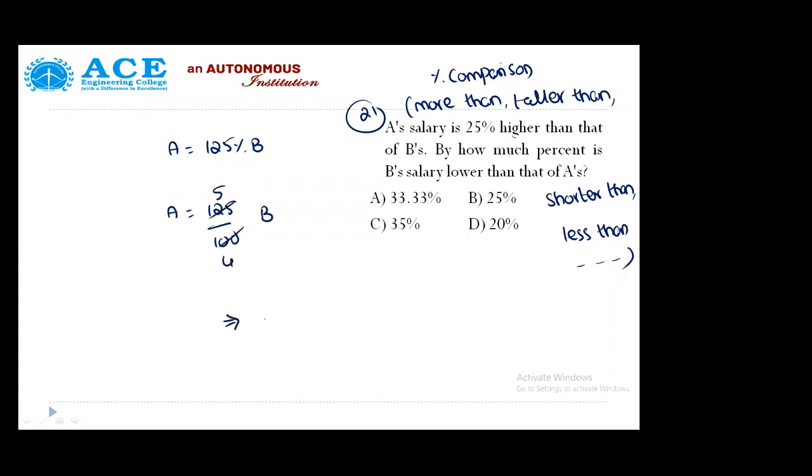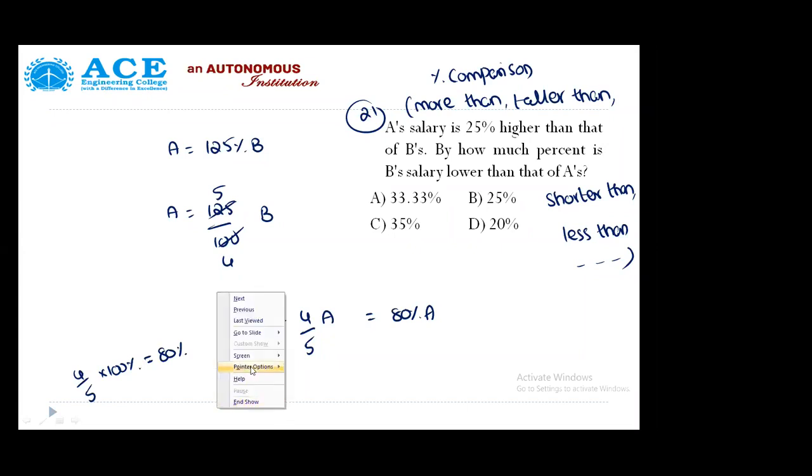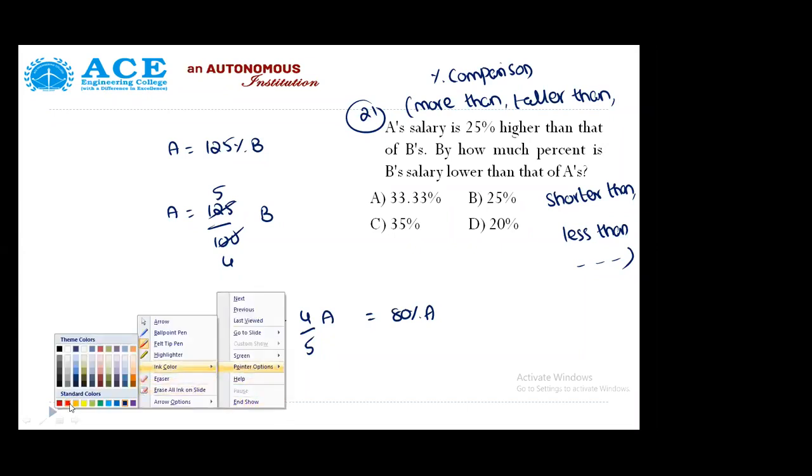Now B is 4 by 5 of A. 4 by 5, if you convert into percentage, we should multiply with 100, which is nothing but 80%. So B is 80% of A. So B is 20% less than A directly.